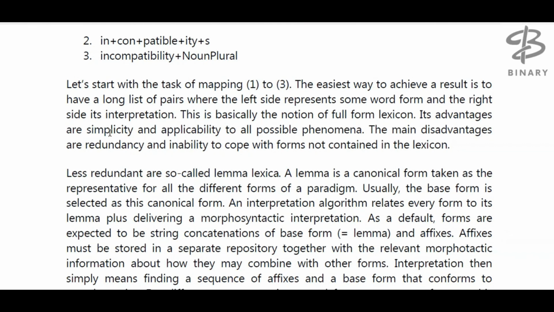So its advantages are simplicity and the applicability to all possible phenomena. Its main disadvantages are the redundancy and inability to cope with forms not contained in the lexicon.